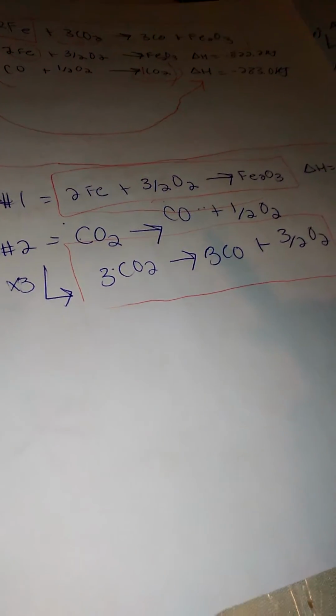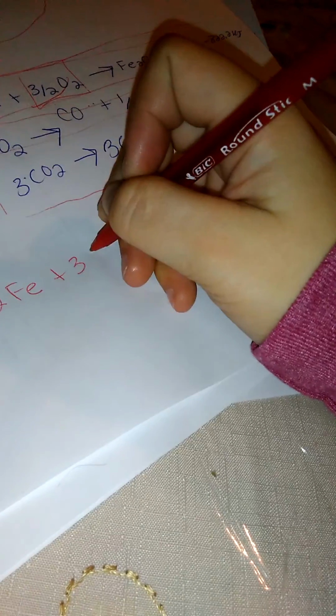Just so you know, species cancel if one is on the product side and the other is on the reactant side. This O2 has the same coefficient, one is on the reactant side and one is on the product side, so they do cancel. We don't have anything else to cancel.